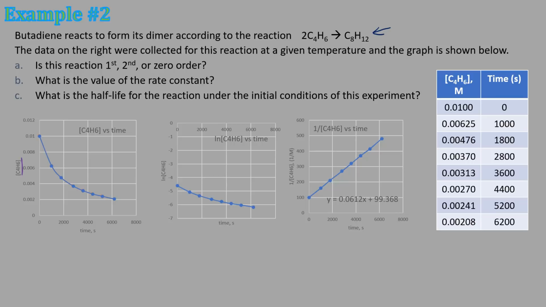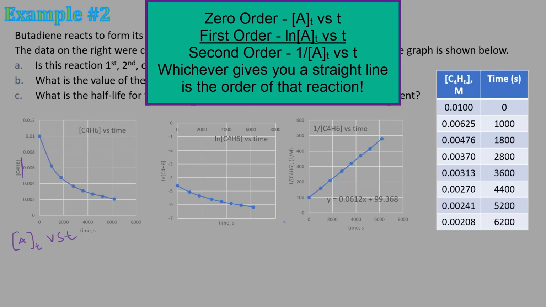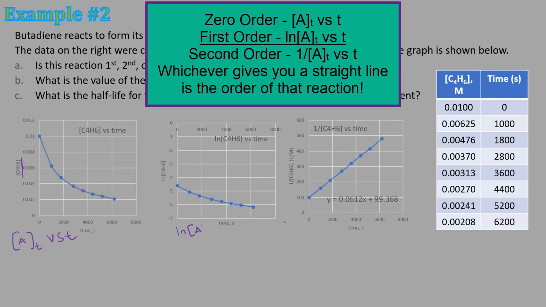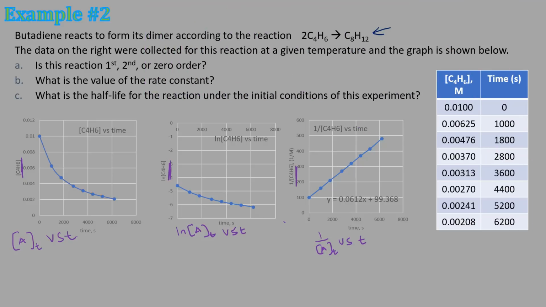Here, this would be for zero order because it's just concentration of A versus T. This would be for first order because it's the natural log of A versus T. And this one would be for second order because it's 1 over A versus T, right? All I'm doing is looking at the y-axis to get that information. And so because this one gives us a straight line and this is for second order, this reaction is second order.